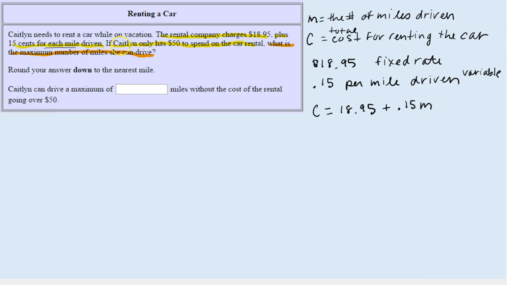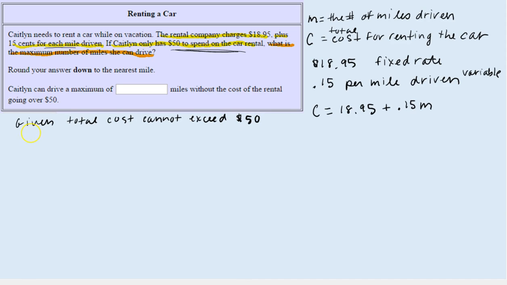So here they tell us that she only has $50 to spend. So we're given total cost cannot exceed or be greater than $50.